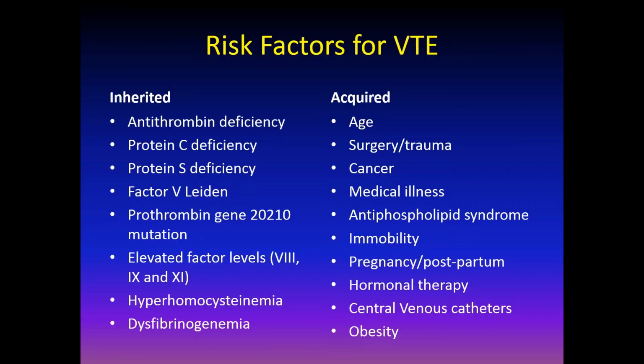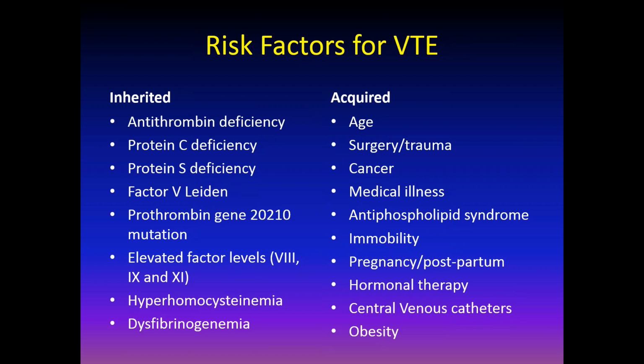Now, over the years, we've learned a lot more about what causes DVT-PE, and so a number of different risk factors have been identified. This slide contains some of them, by no means all-inclusive, but there are a number of inherited risk factors that have been identified over the years, and a number of important acquired risk factors that are very common, such as increasing age, surgery, cancer.